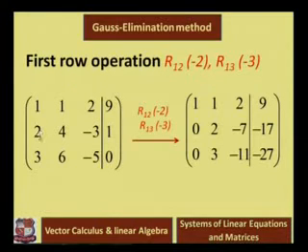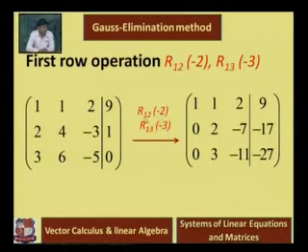For that, here we convert the entries 2 and 3 to 0 by the operations R12 minus 2 and R13 minus 3. That means multiply the first row by minus 2 and add to the second row, and multiply by minus 3 and add to the third row. So the resultant matrix is given in this fashion.